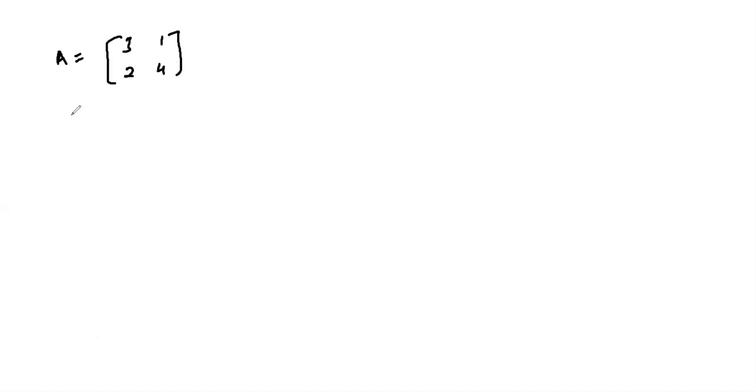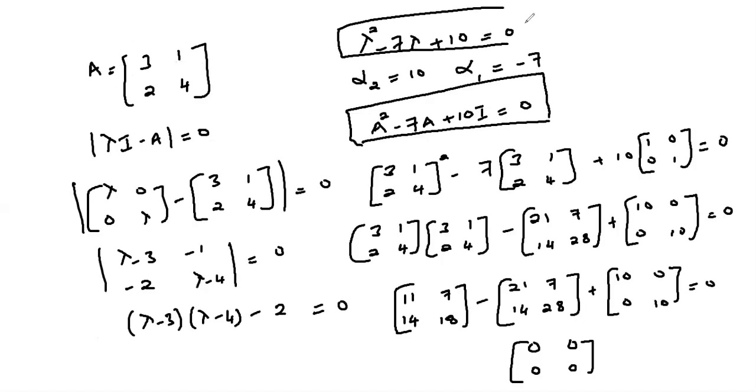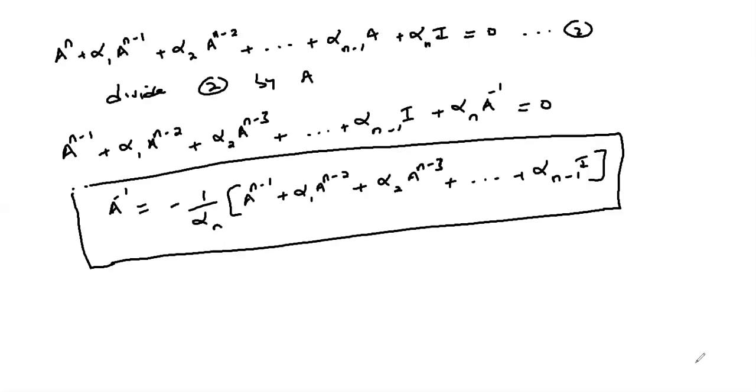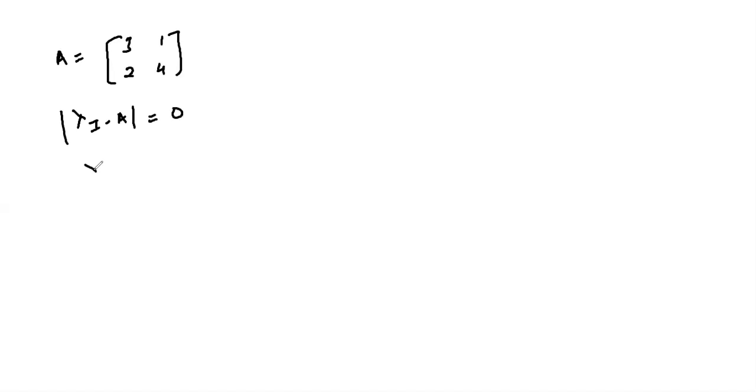Then we know that the characteristic equation of A was obtained as the determinant of lambda I minus A is equal to 0, which we can write as lambda squared minus 7 lambda plus 10 is equal to 0.